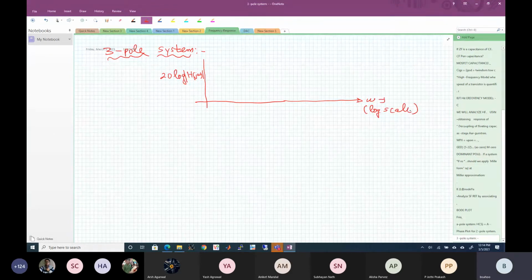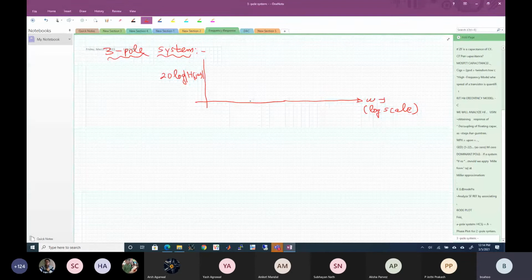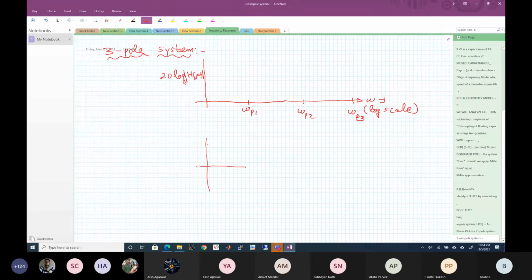Let's say the poles are at omega p1, omega p2 and omega p3, and let's draw the phase over here, which is the angle of H of j omega.